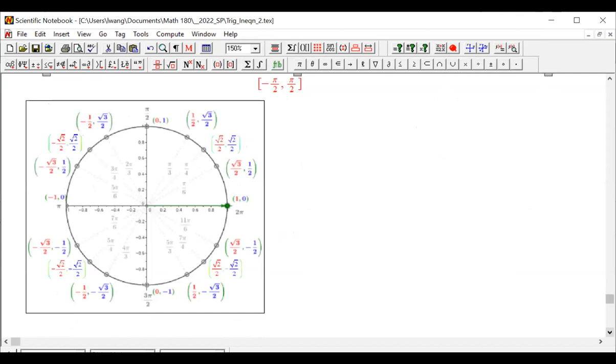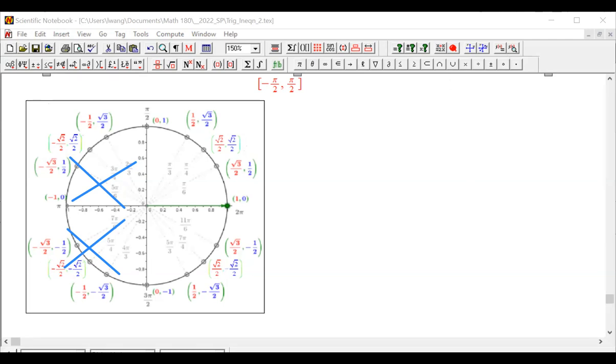So how do you identify that in the picture? From π/2 to 3π/2, this piece is out. This piece is out. But from 3π/2, you go up, that's going to be 5π/2. So that's how you identify the other interval, and so on and so forth.